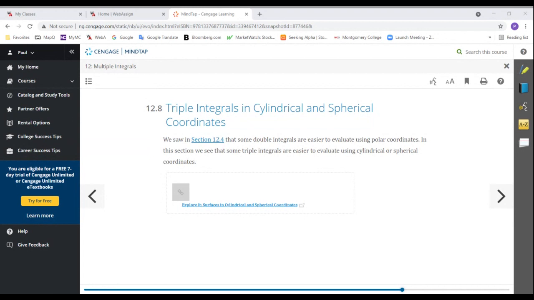But remember back in chapter 9, how many remember learning about cylindrical and spherical coordinates back in section 9.7? How many remember that? Robin remembers it, and Ryan and Jamal, good, and Diodath.